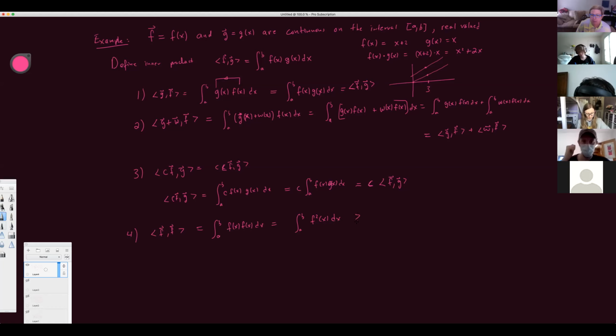So that's greater than or equal to 0. And the only way to make this 0 is if F itself is 0, because it's F squared. So this last one holds as well.